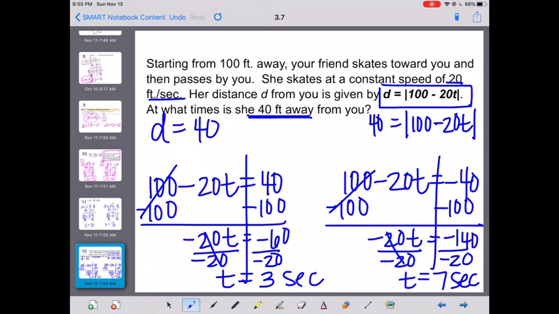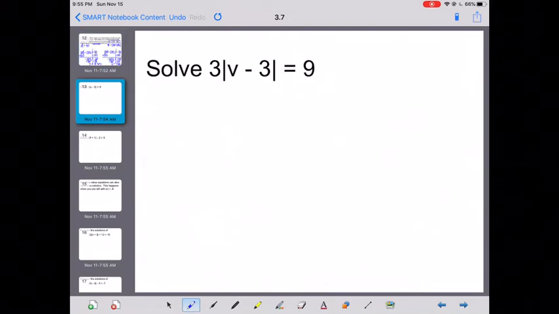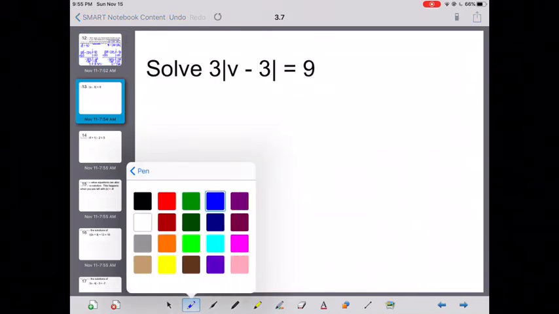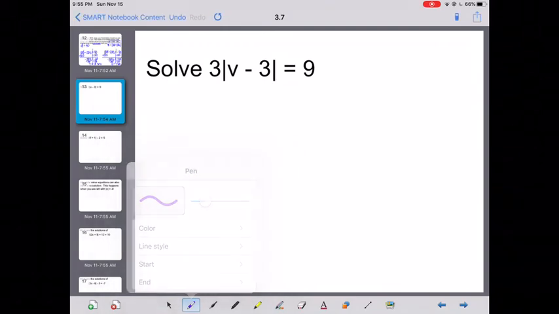My time that it will take her is 3 seconds and 7 seconds. So 3 seconds to get 40 feet away from me before she gets to me, and then 7 seconds to get 40 feet away from me on the other side. Makes sense? Make sure that you don't get any negatives, because negative time would not make any sense.